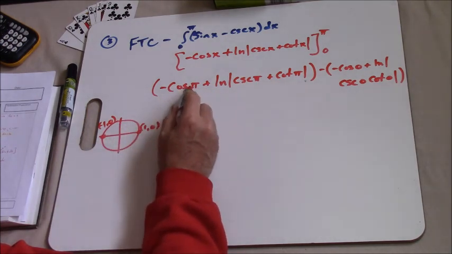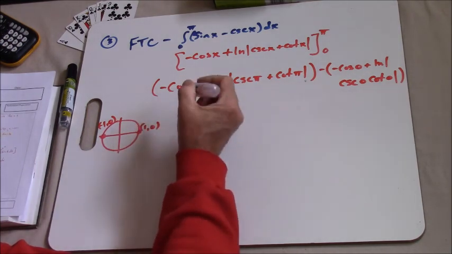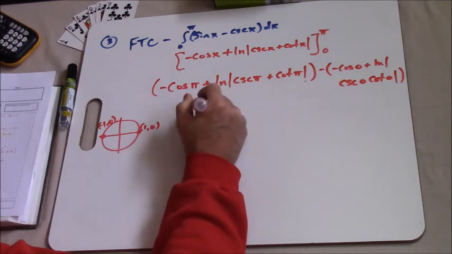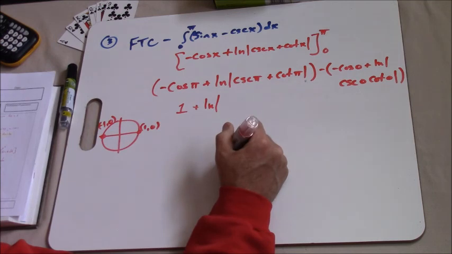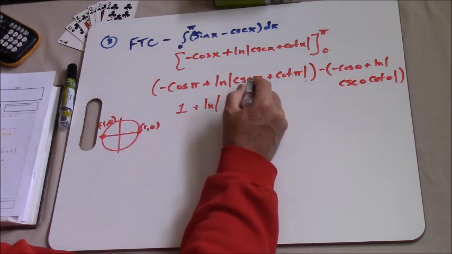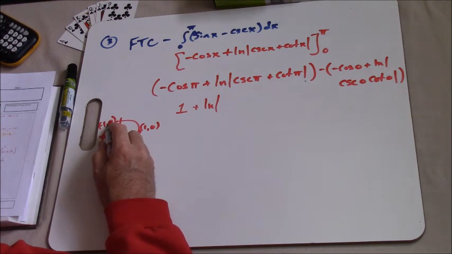cosine at pi is a negative 1. I want the opposite of that, so that's a positive 1, plus natural log absolute value of cosecant at pi. That's the reciprocal of the sine. And at that point, we are undefined. You can't take the reciprocal of 0. Right?